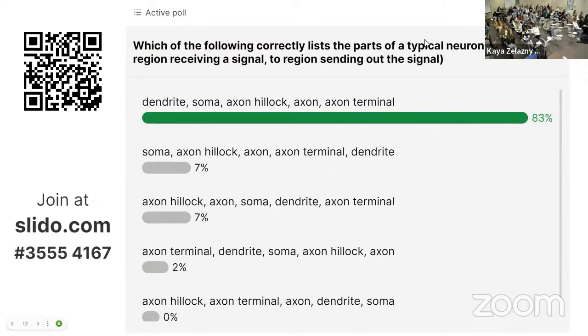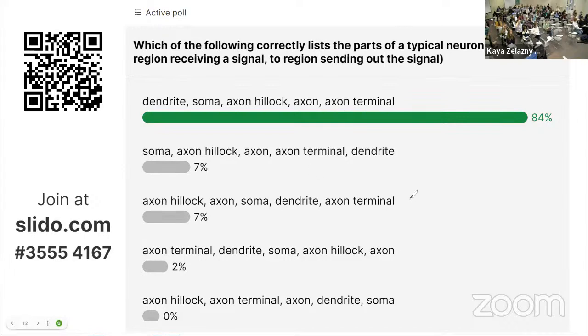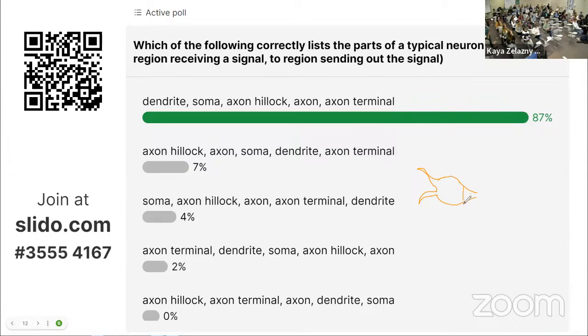All right. So the shape of our neuron is just A. So we have dendrites, so these sort of processes that usually receive signals coming in to our main cell body, our soma. So dendrite to soma. As we have that soma pinch off, sort of pinching off point, this zone here, that's our axon hillock.